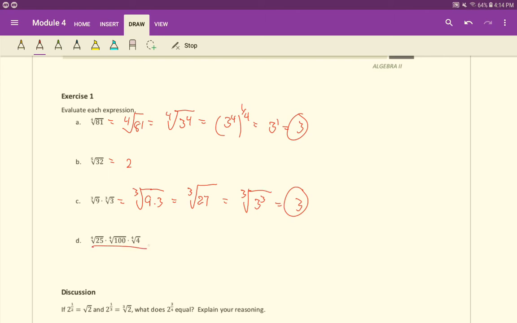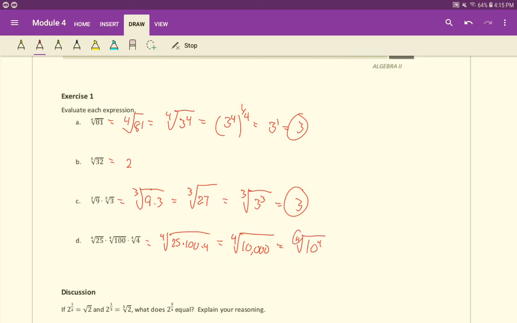Okay, for this situation, we have the 4th root. So again, we're not quite ready to take the 4th root of 25 because that's not a nice number. It doesn't work out evenly. Same thing with 100, same thing with 4. So what we'll do is we'll multiply these all together, which gives us the 4th root of 10,000. 10,000 is 10 to the 4th.